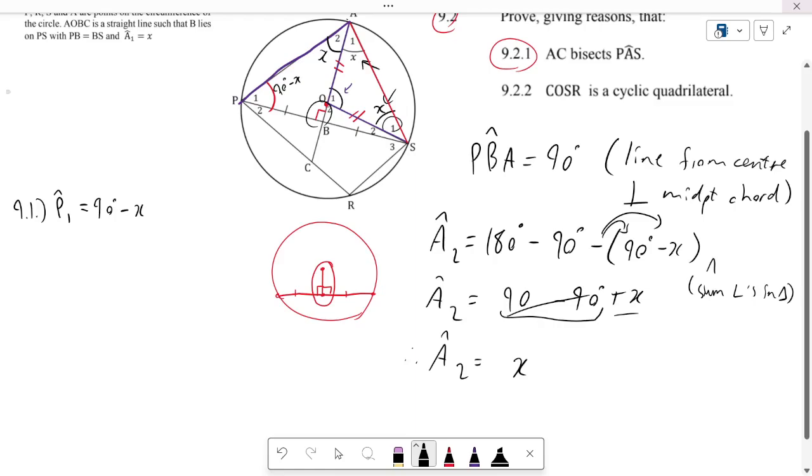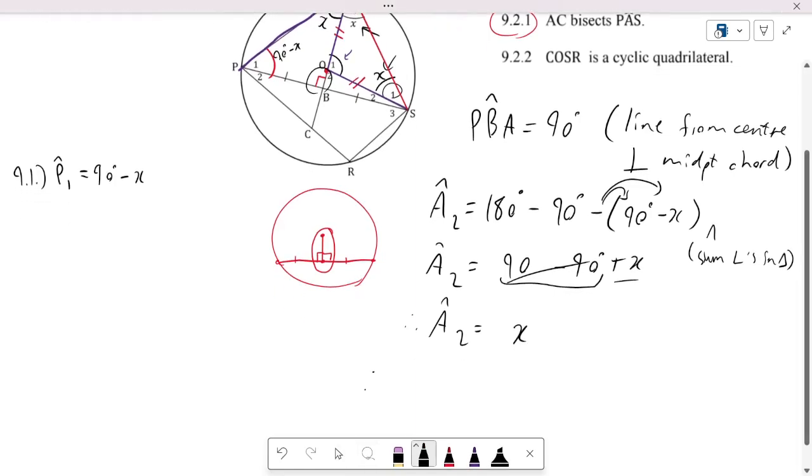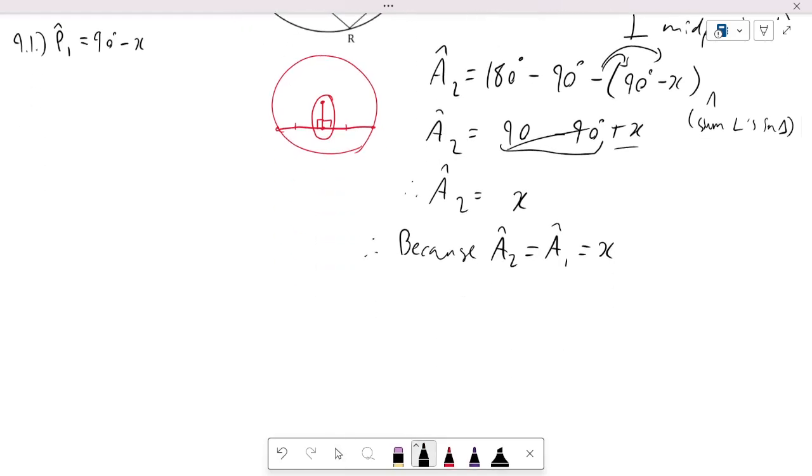So then we can conclude that therefore, because angle A2 is equal to angle A1, which is equal to x, AC bisects angle PAS.